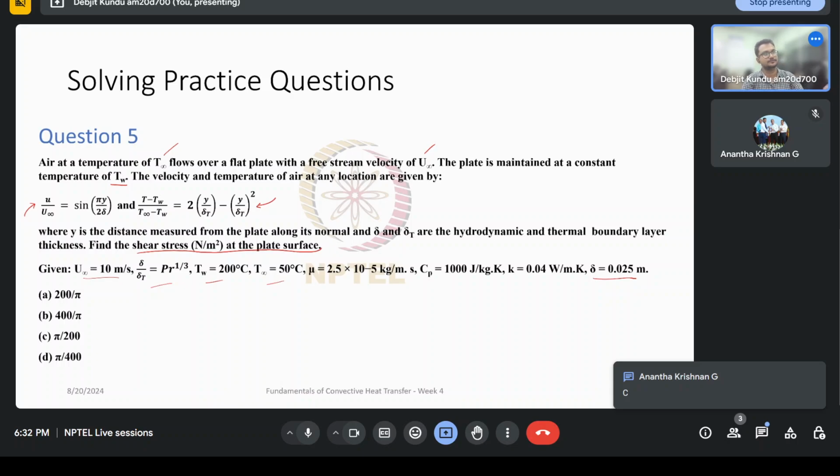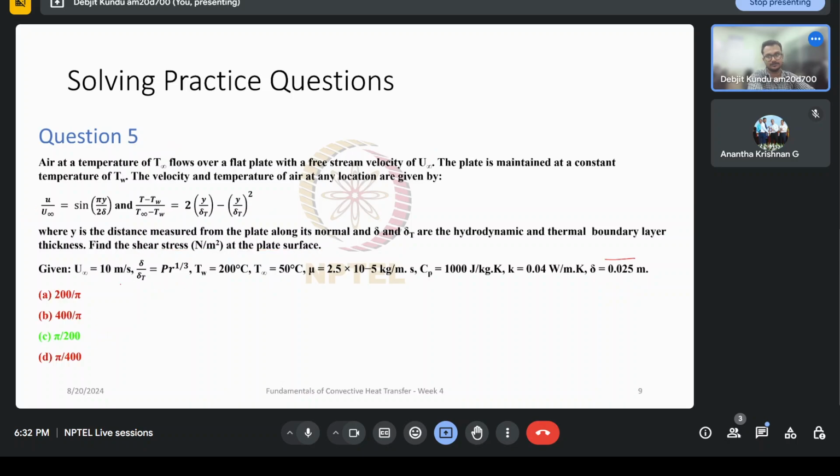Okay, so you have a response C, that is pi by 200. Let's take a look at the solution.